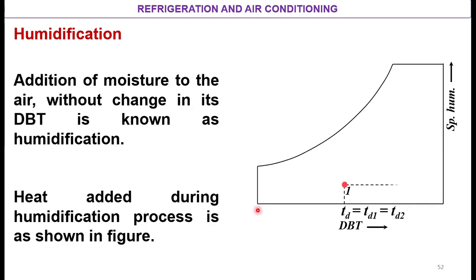Let us say this point 1 is known to you. Dry bulb temperature is known to you, and let us say relative humidity phi1 is known to you. So if you mark this point 1 on the chart, you can also know the value of omega 1, the specific humidity at the inlet.